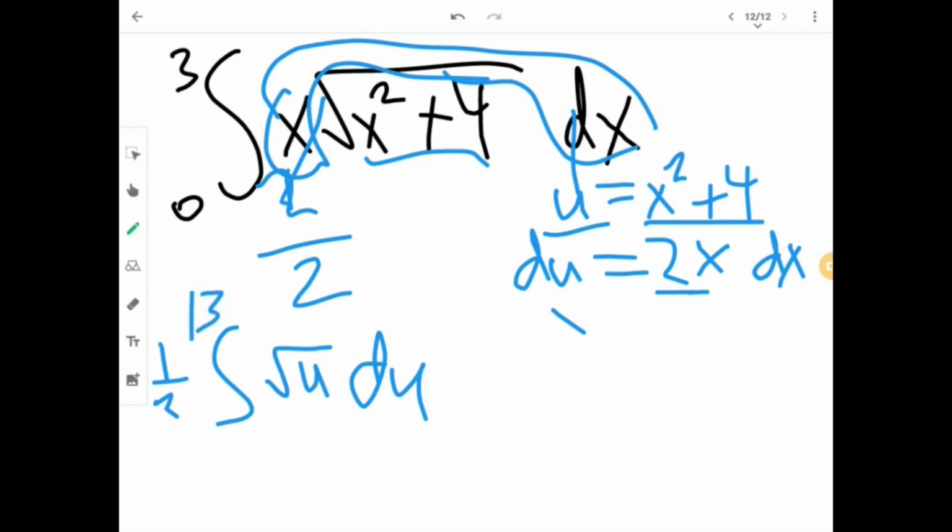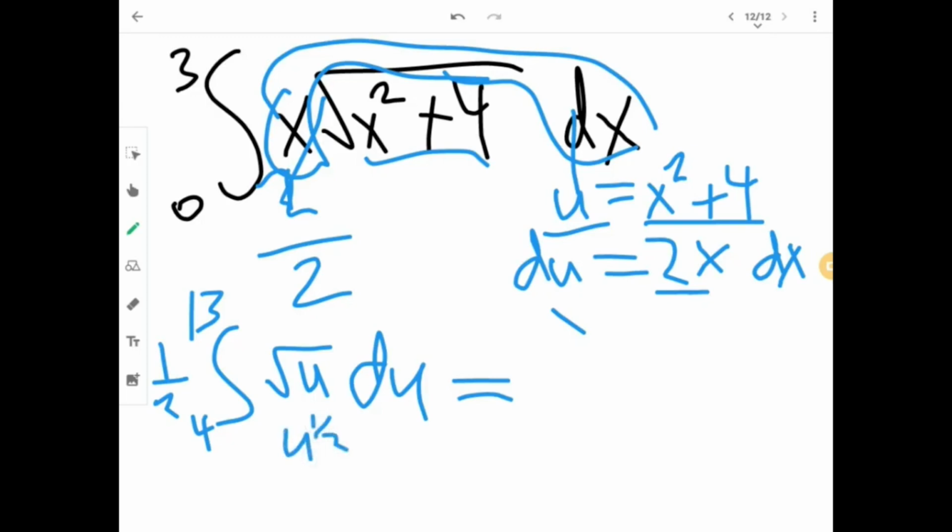And 0 plus 4 is 4. Now, integral of root u. U is just a variable like x now. You don't have to treat it differently. That's because you changed the bounds. Otherwise, you'd have to put the x squared plus 4 back in if you didn't change the bounds, but you did. So, root u is u power half.